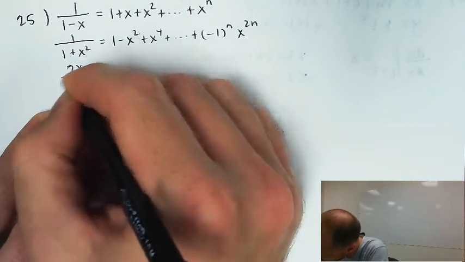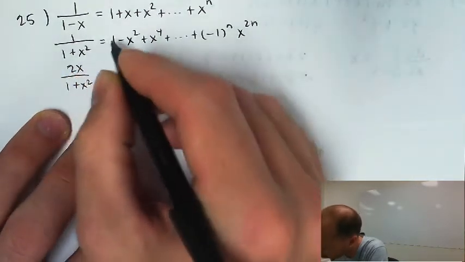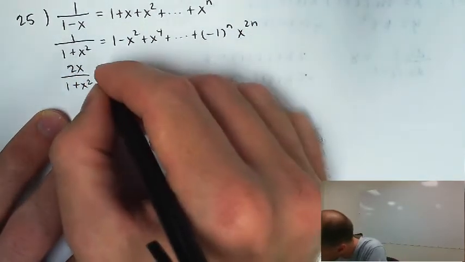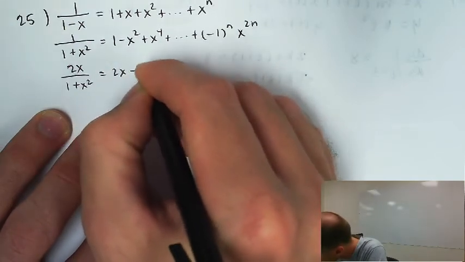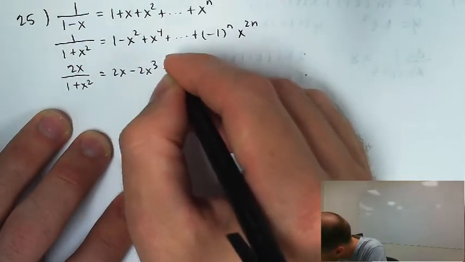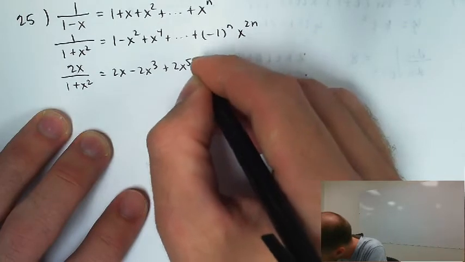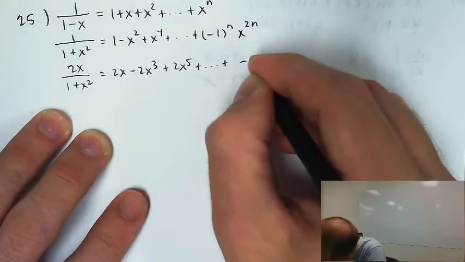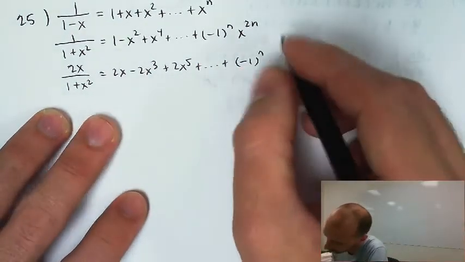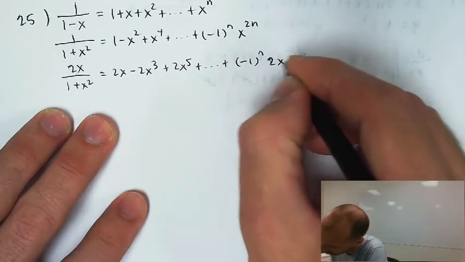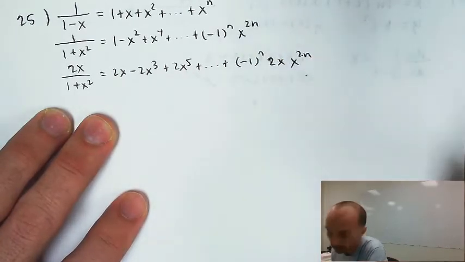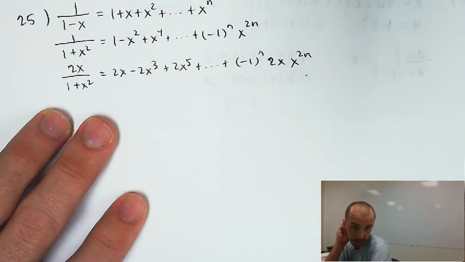Then 2x over 1 plus x squared is just going to be distributing a 2x to everything. So the negative positive thing didn't really change. I just multiplied a 2x times x to the 2n. So I think I'm just going to leave it like that.